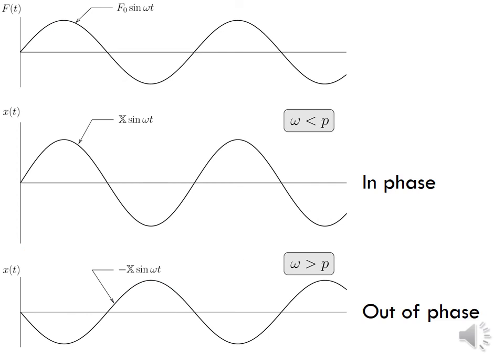If this is the input forcing function, f naught sine omega t, and these two are the response, when omega is less than p, so omega over p is less than 1, the response is in phase with the input forcing function, and when omega is greater than p, the response is out of phase with the input forcing function.